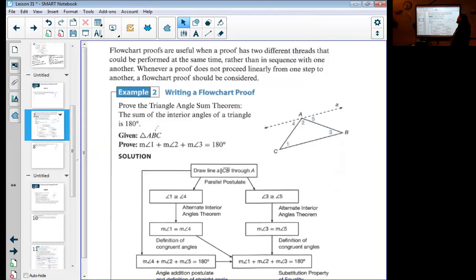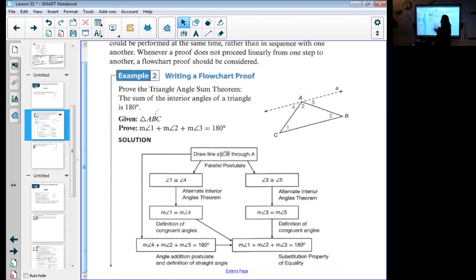Flowchart proofs are useful when a proof has two different threads that could be performed at the same time rather than in sequence with one another. Whenever a proof does not proceed linearly from one step to another, a flowchart proof should be considered. If we look at this example, we are given triangle ABC, and we are trying to prove the triangle angle sum theorem, which is that the sum of the interior angles of a triangle is 180 degrees.